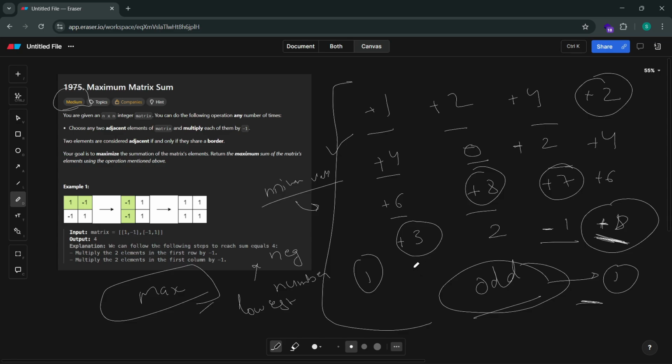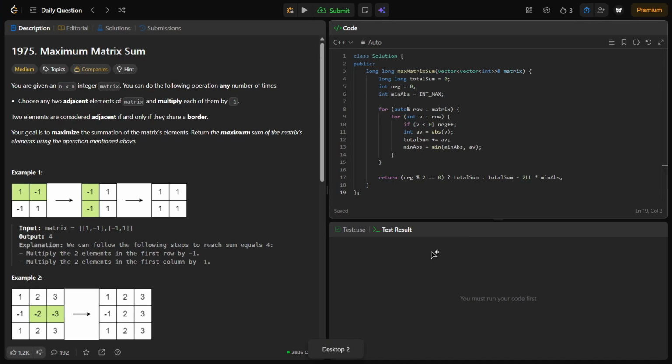A very simple approach. Moving towards the code again. Let's take total sum 0, and an integer negative for calculating how many negative numbers are present. Minimum ABS value means the minimum absolute value of any number, like -1, because if I want to keep any number negative, it should be minimum.